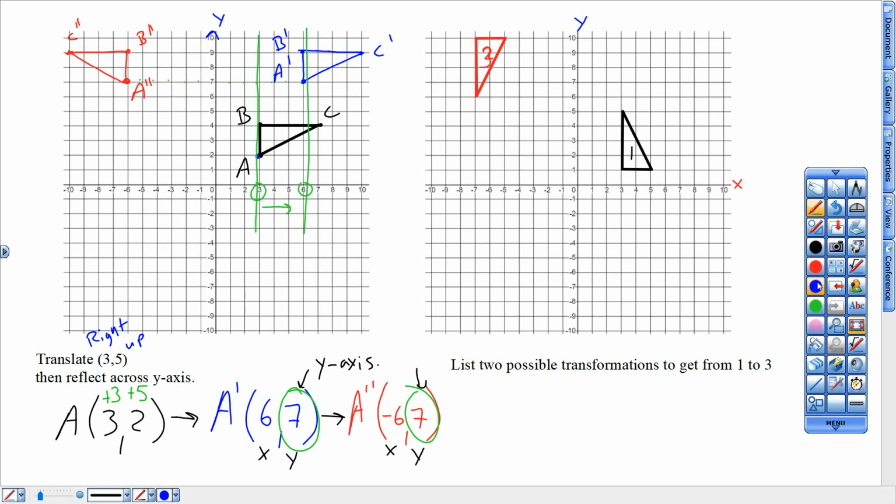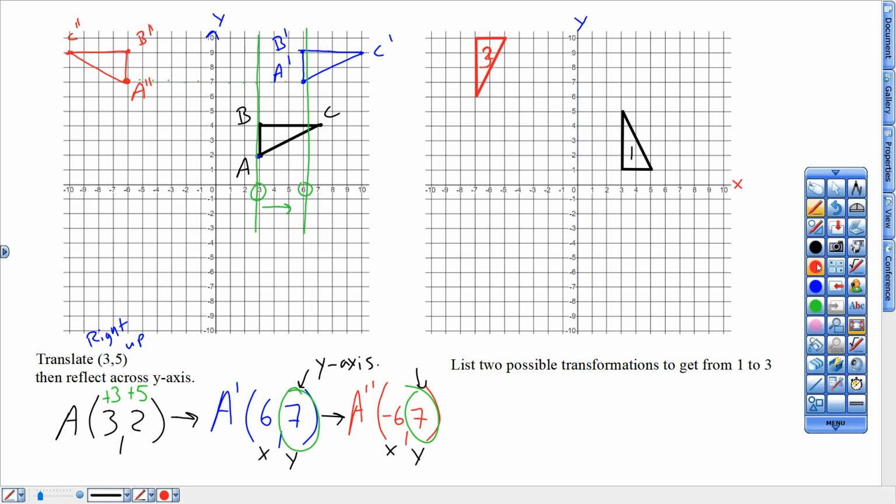So I'm going to first reflect this over the y-axis, equal distance on either side, just to see what I got. And I could see if I reflect over the y-axis, it's going to be hard to get to that red spot right there.